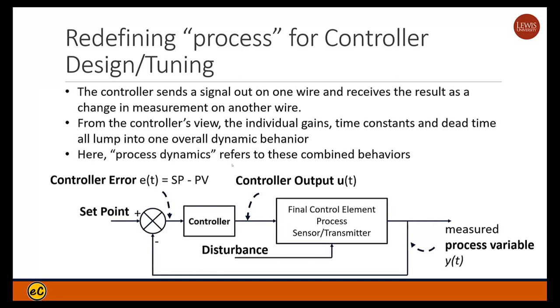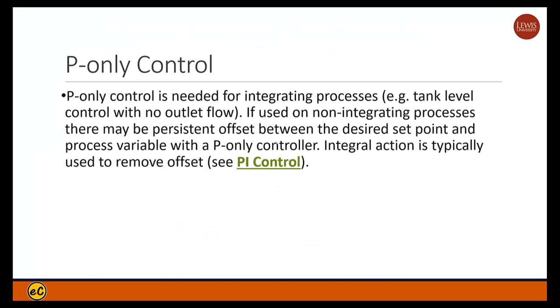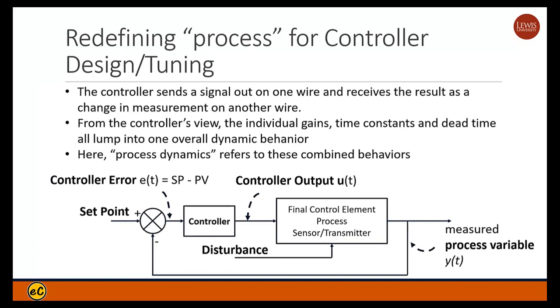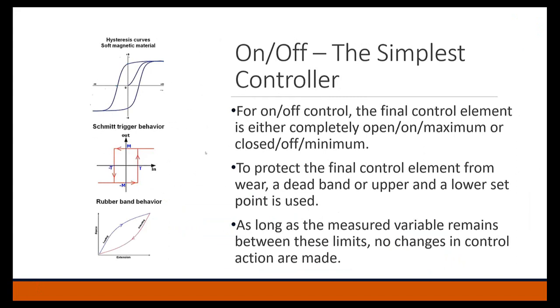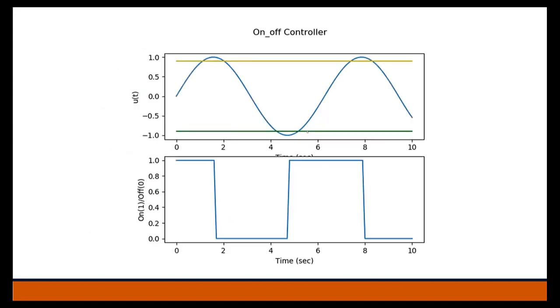Basically, you set up the control loop, and then you use a mathematical model to check its stability, time domain response, and the overshoot and undershoot conditions. Is there a hysteresis curve, Schmitt trigger behavior? You have to study whether you can go back to the original state or not, and you can model it.